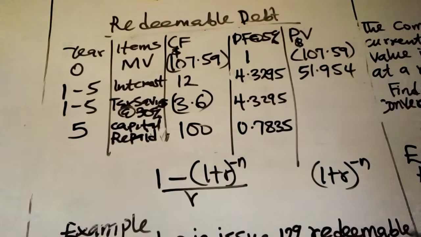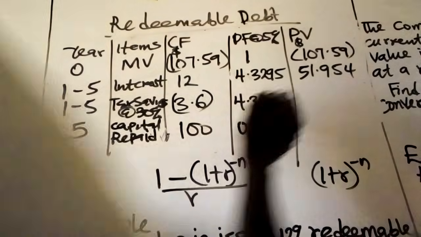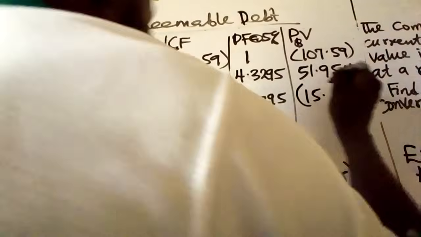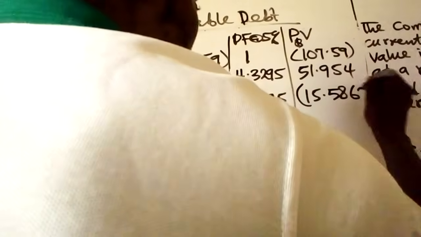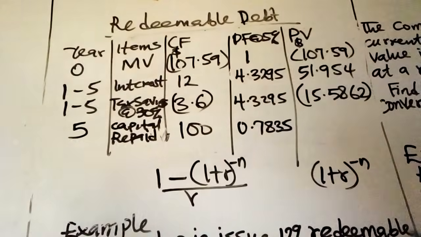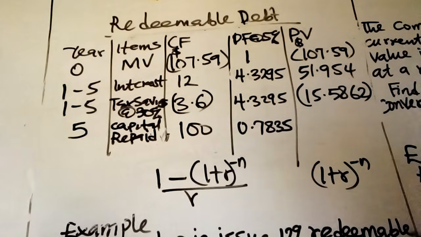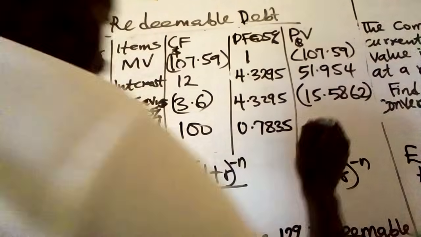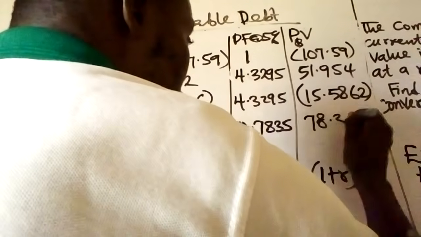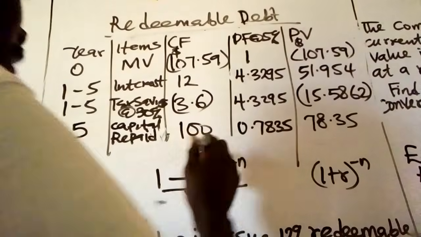Then 3.6 times 4.3295, that will give us minus 15.5862. Then 100 times 0.7835, then we have 78.35. Then the net present value now.